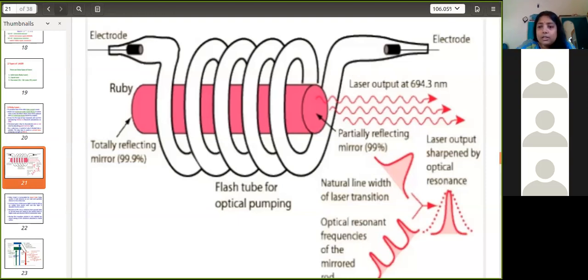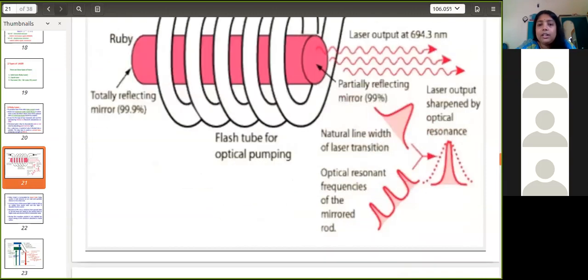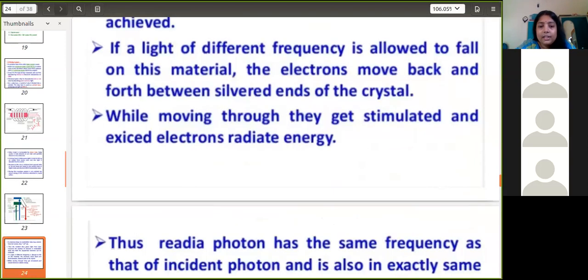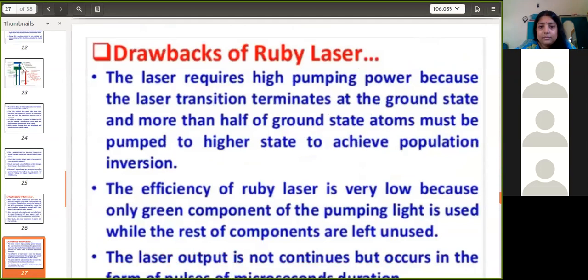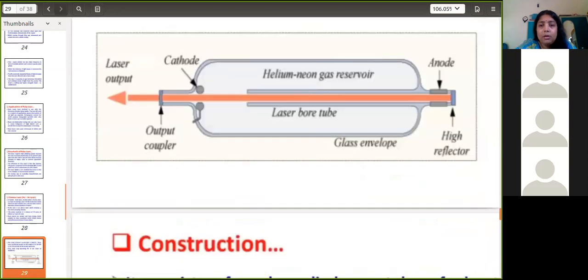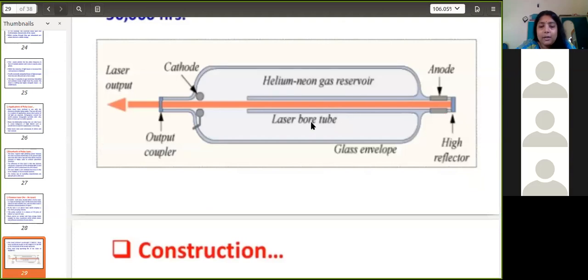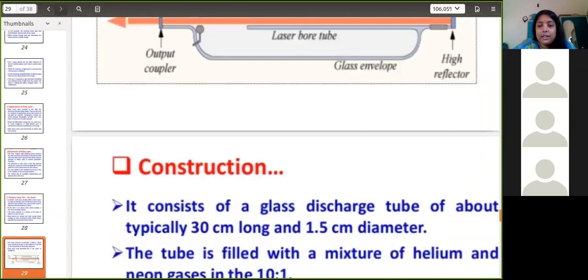Now we have another laser, which is the helium neon laser, which is a gas laser. Helium neon laser में क्या होता है? We have helium and neon gas here. और यहाँ पे pumping mechanism है by electron discharge. तो highly energized electrons, they energize the helium atoms first. The helium atoms collide with the neon atoms and we get the neon atoms energized.